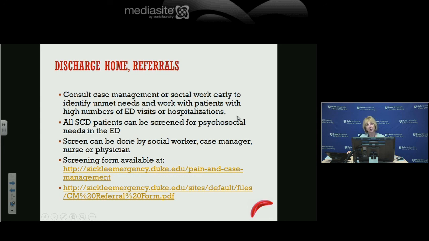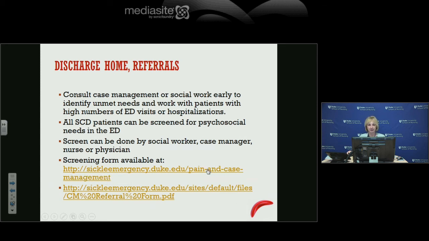They determine who that person's care manager is, and if they're not a Medicaid patient, they refer it to the state sickle cell syndrome program. They have educator counselors, and now those patients are followed up by the educator counselors. The screen can be done by anyone, a nurse, a physician, a social worker. You fax it to one place and they take it from there.